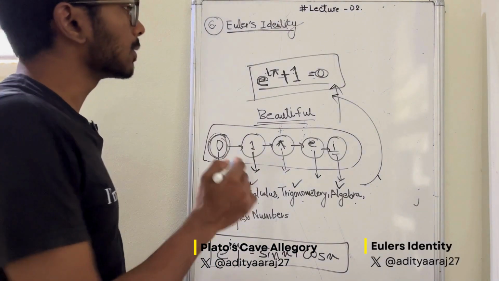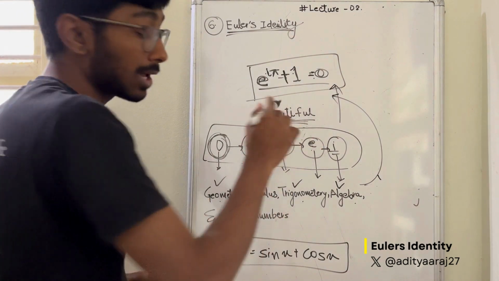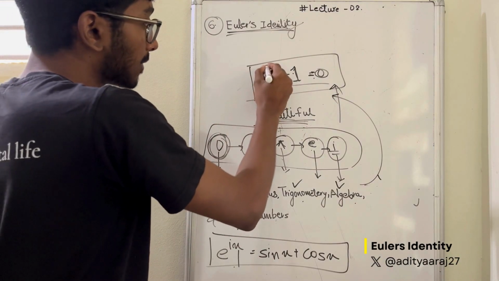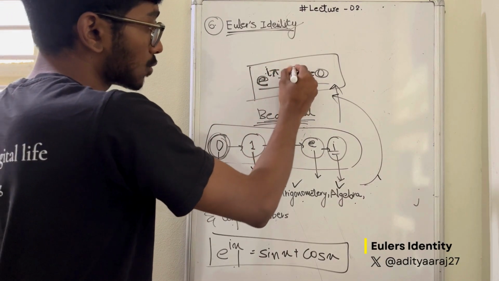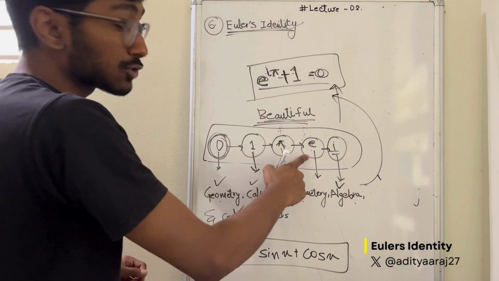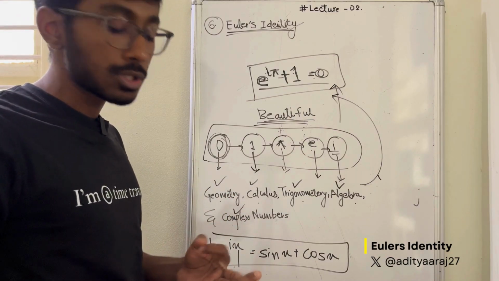The last concept for this video is Euler's identity, one of the most interesting and beautiful formulas that ever existed. It states that e to the power of i pi plus 1 equals 0, where e stands for growth. You invest money, you earn interest, your money grows.